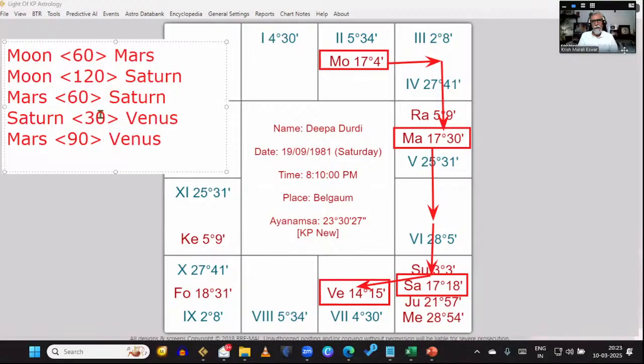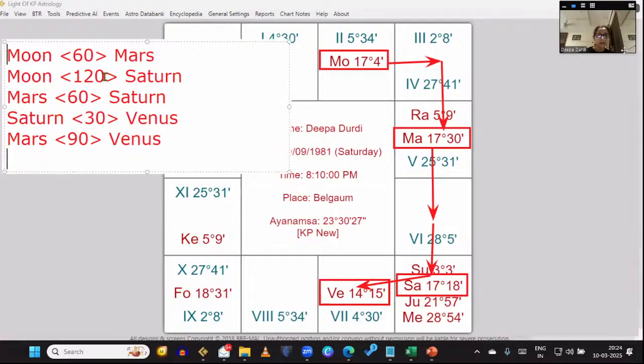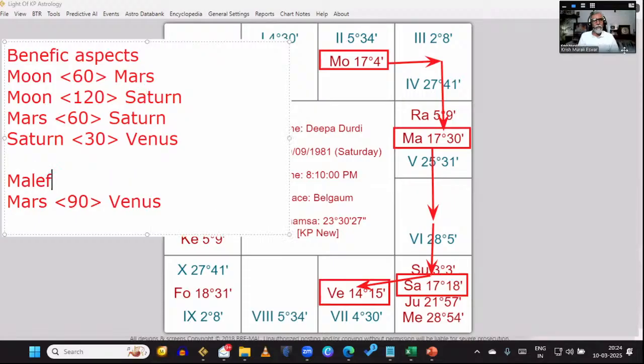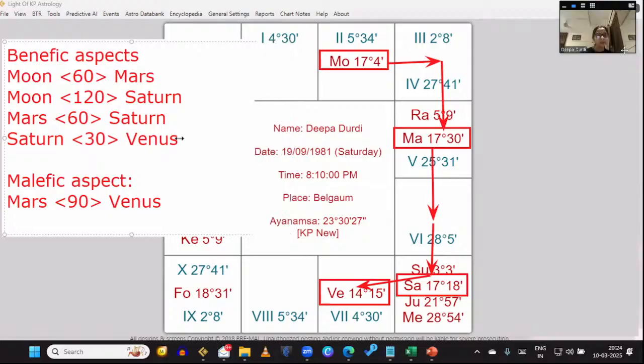Understood? Mars to Venus is 90. Saturn to Venus is 30 less. So benefic aspects are Moon to Mars, Moon to Saturn, Mars to Saturn, Saturn to Venus. Malefic aspect is Mars to Venus. Got it? 60 and 120 are benefic and 90 is malefic.